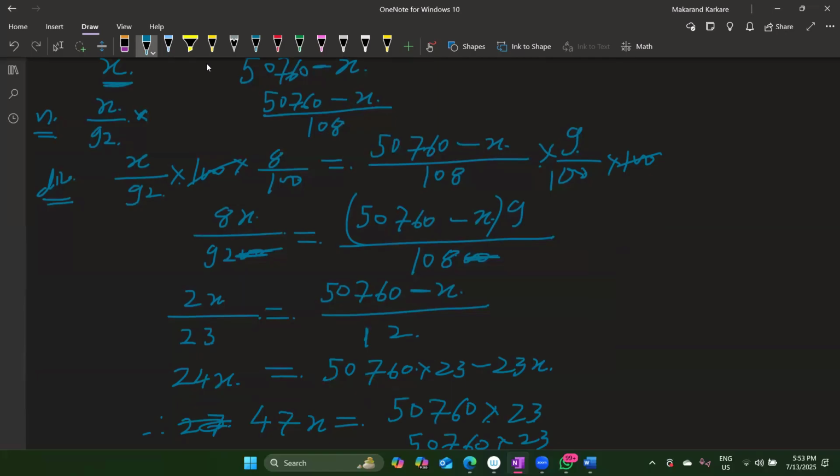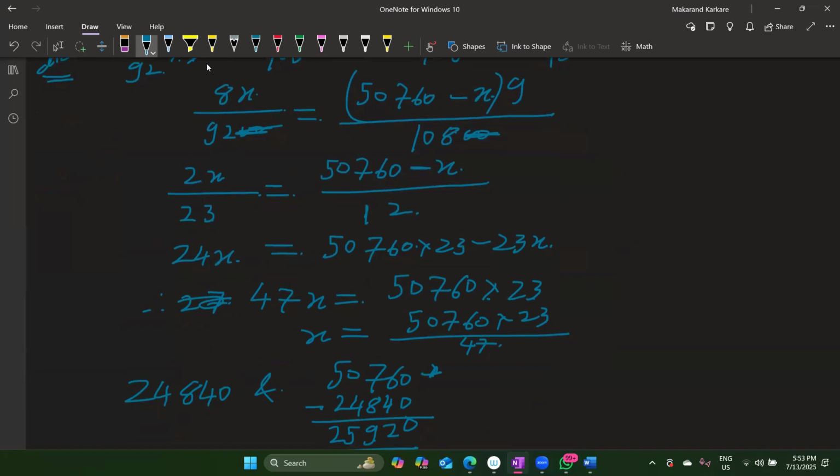Once I cross multiply, I get 24x is equal to 50,760 into 23 minus 23x. Take all the x on one side. So I get 47x is equal to this. And so x is equal to 50,760 upon 47 into 23. On simplifying, I get the answer as 24,840.